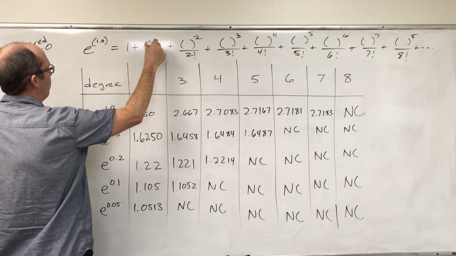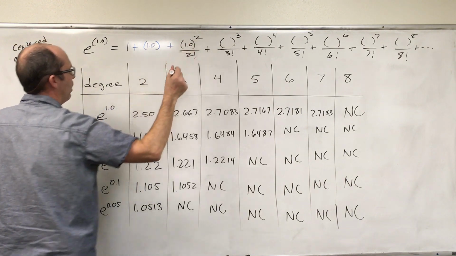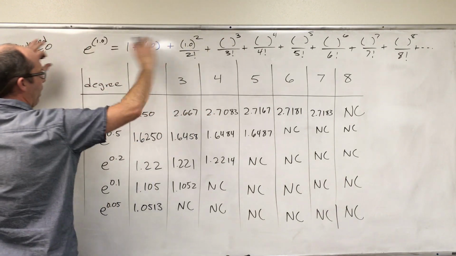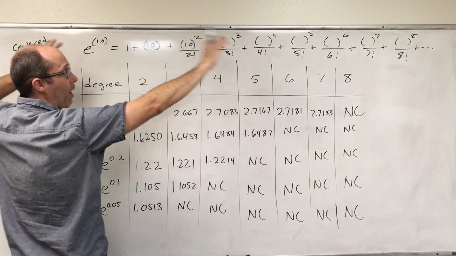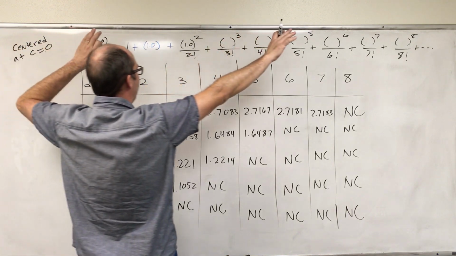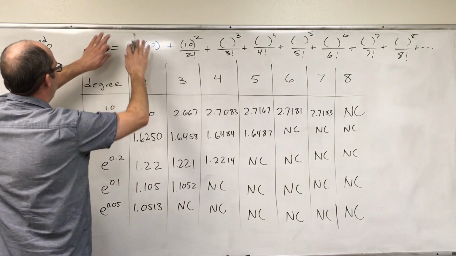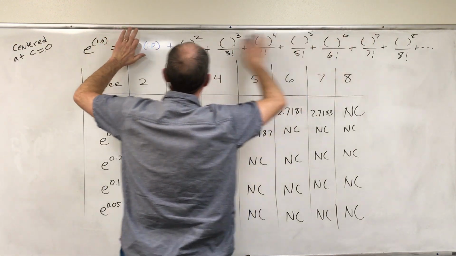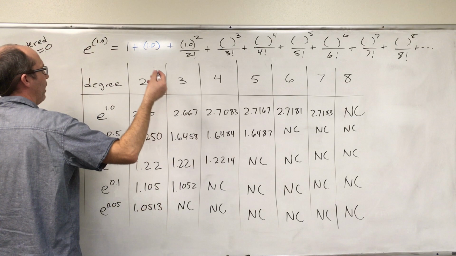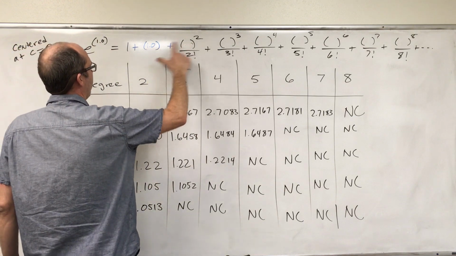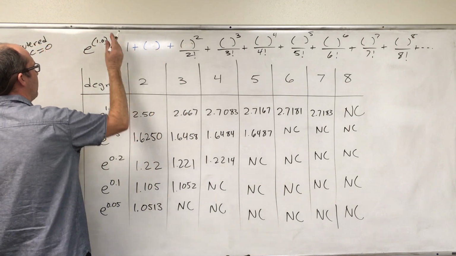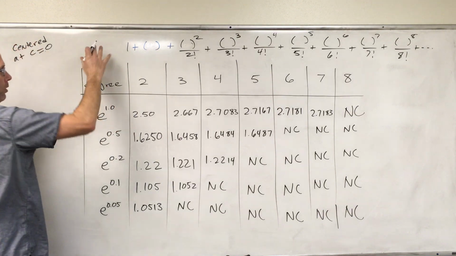Let's see, to go up to the degree 2, what I did was, in the Desmos graphing calculator website, I just put this whole thing in there with parentheses, just like that.